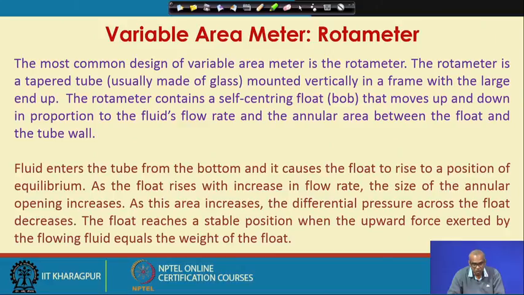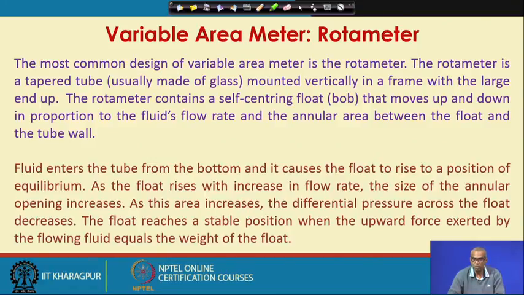As the float comes down, this annular flow area decreases. So, annular flow area increases as the float goes up, and float goes up with increasing flow rate. Fluid enters the tube from the bottom and it causes the float to rise to a position of equilibrium. As the float rises with increase in flow rate, the size of the annular opening increases. As this area increases, the differential pressure across the float decreases.